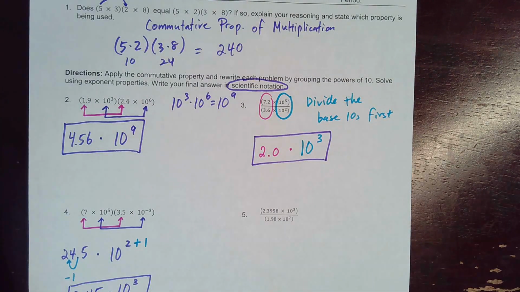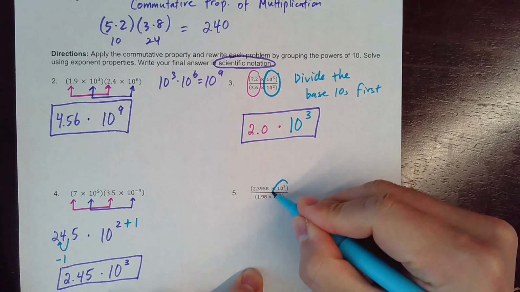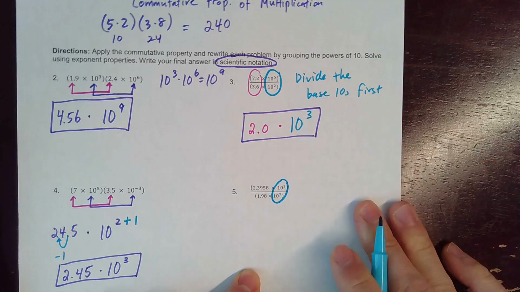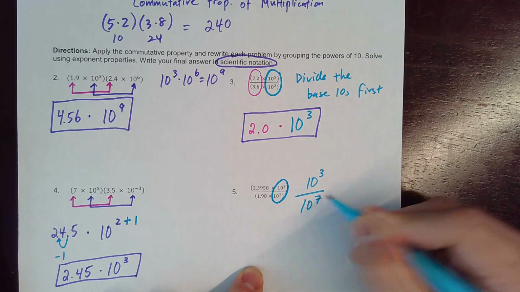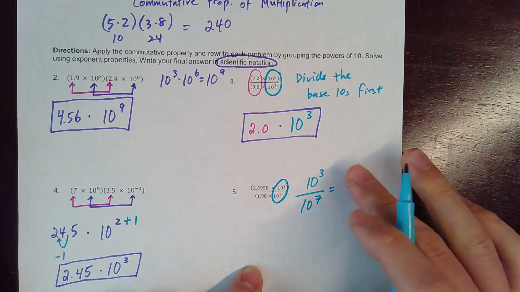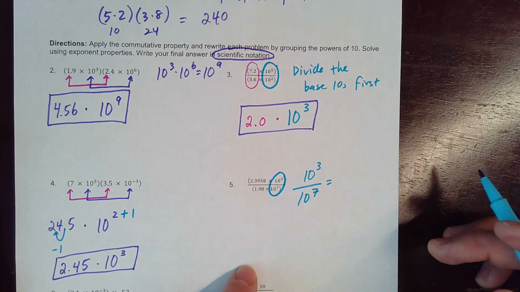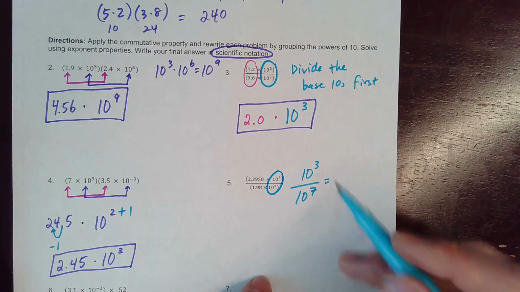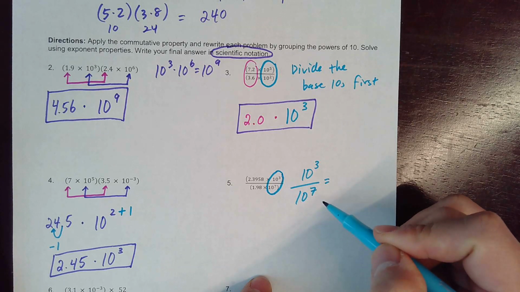Here, number 5, you can see that I have 10 cubed divided by 10 to the 7. And if you can't see it, let's just remind ourselves, I know typically we could say 1 over 10 to the 4th. But in scientific notation, we do not want a fraction for this ratio. We're okay with negative exponents.